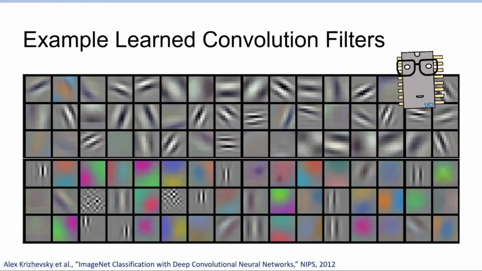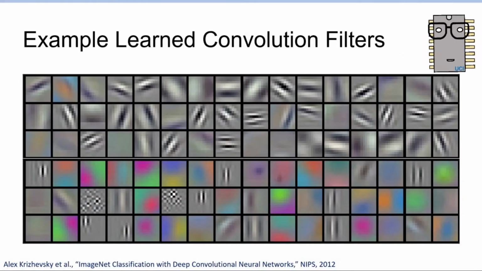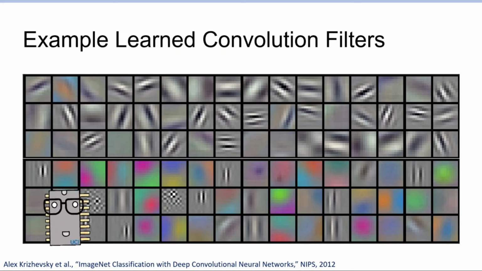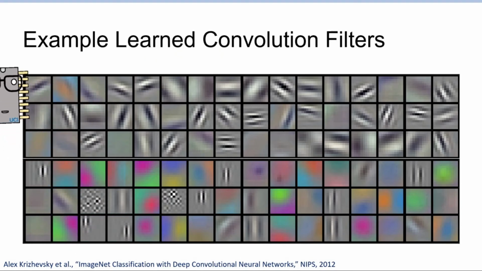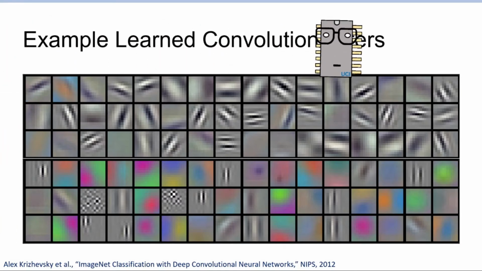And just for fun, this is an example of the learned convolution filters for an image recognition neural network model. I forgot exactly how many, but you can see that there are many convolution filters that are being trained.